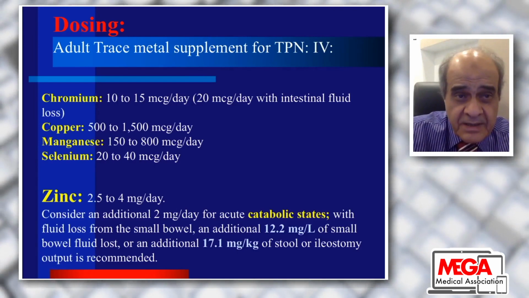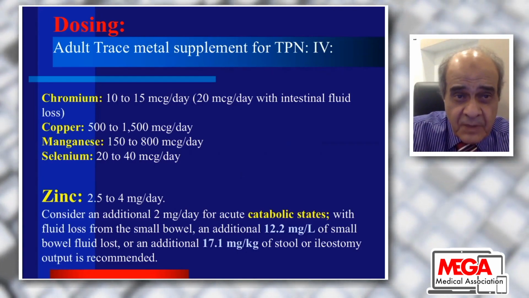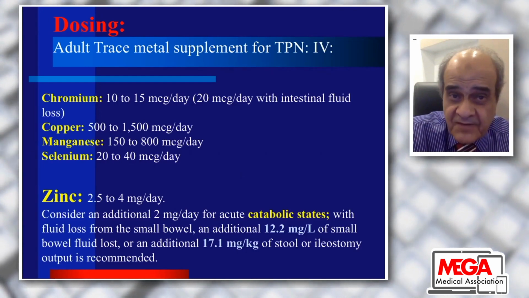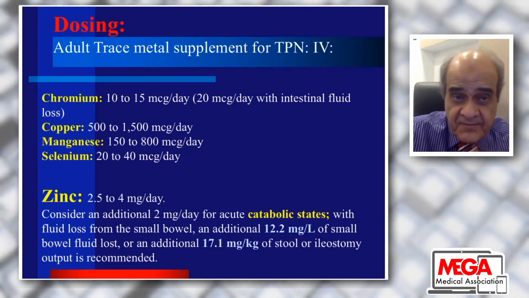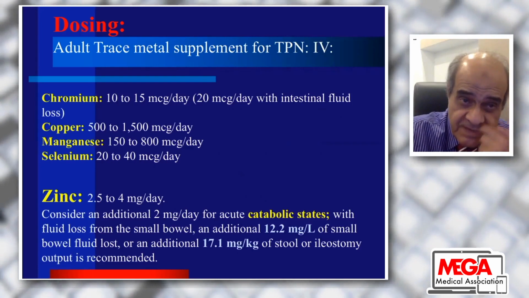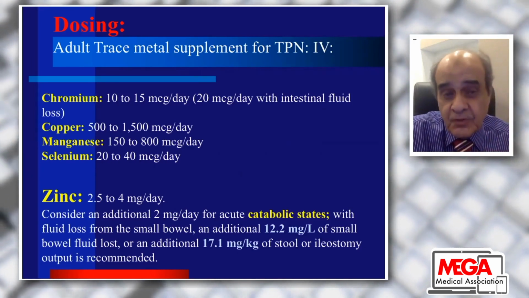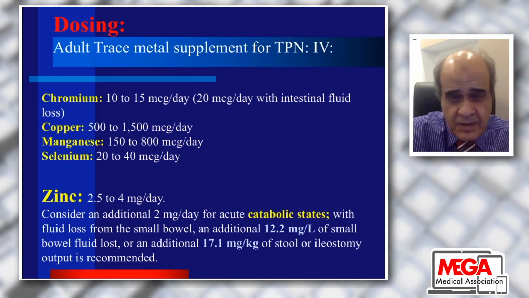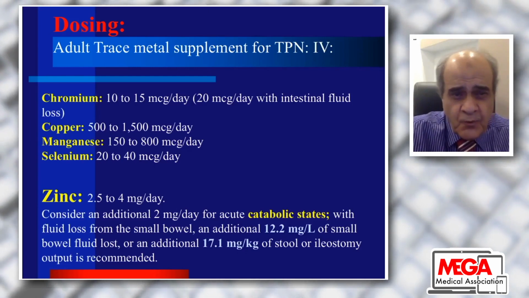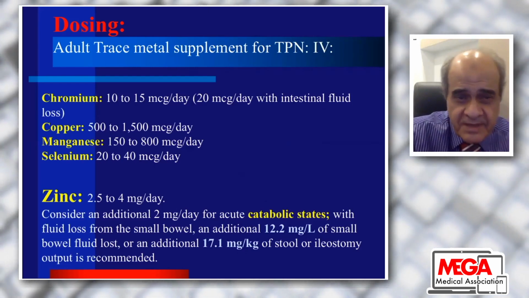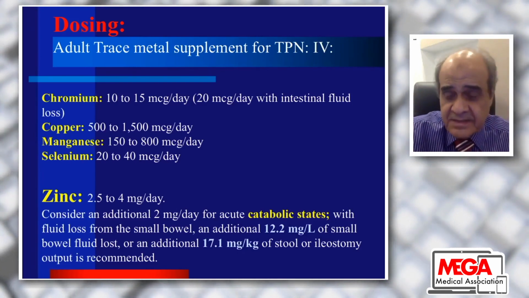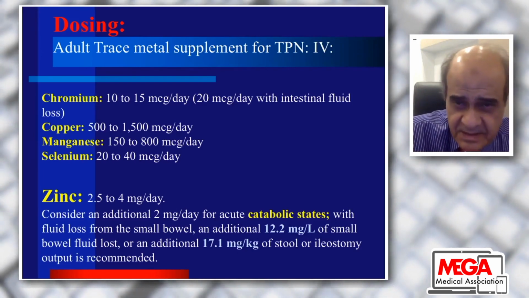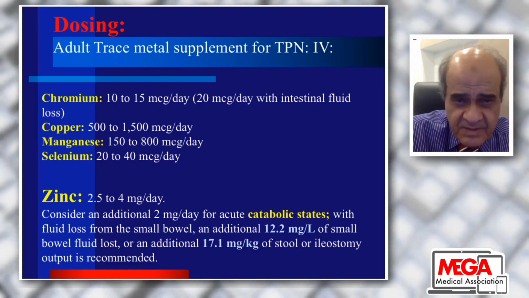Copper may be given from 500 to 1,500 micrograms per day. Manganese from 150 to 800 micrograms per day, selenium from 20 up to 40 and even 50 micrograms per day, zinc from 2.5 to 4 milligrams per day, and consider increasing the dose by another 2 milligrams in the catabolic state of a patient suffering from extensive burn.